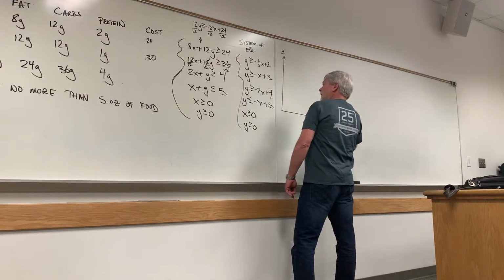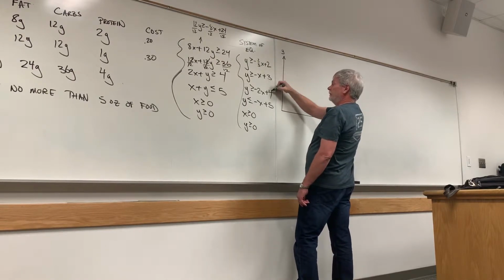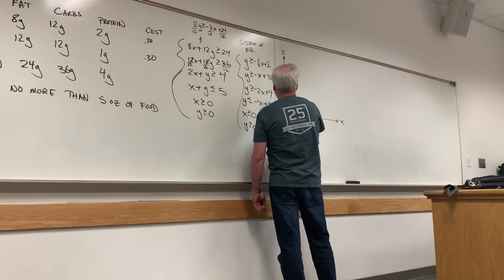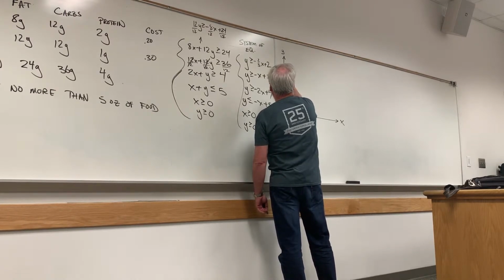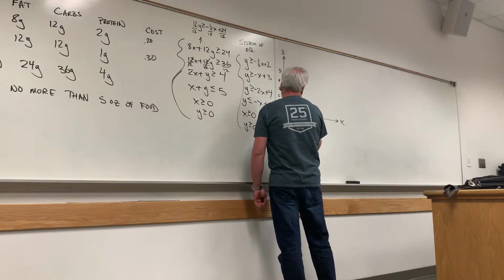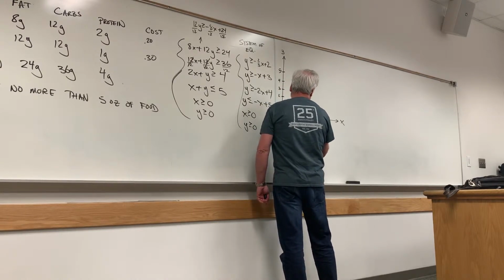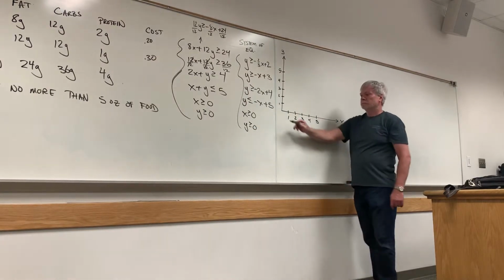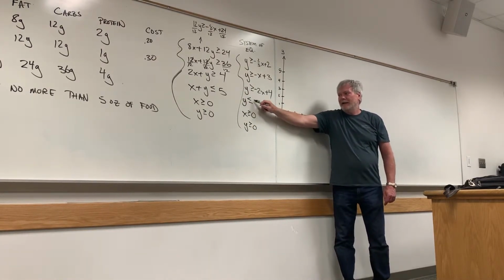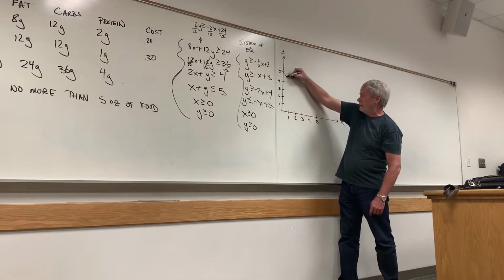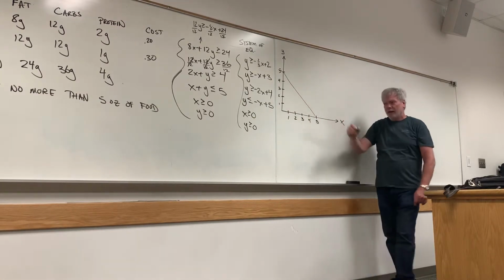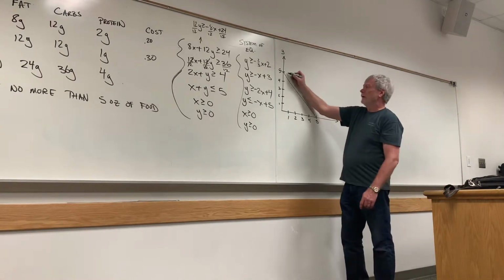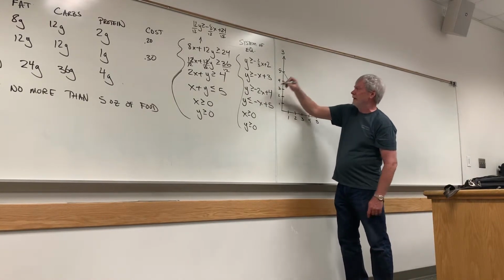Y, X, 1, 2, 3, 4, 5. Y is less than negative x plus 5. That's going to go from 5 to 5. Has a slope of negative 1. It is below because it is less than.